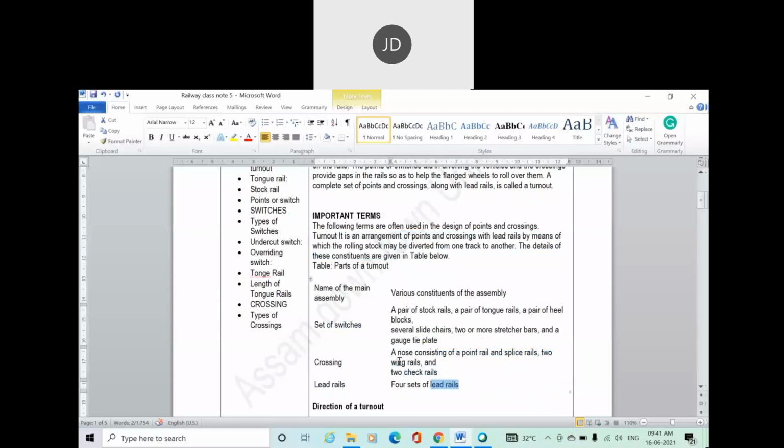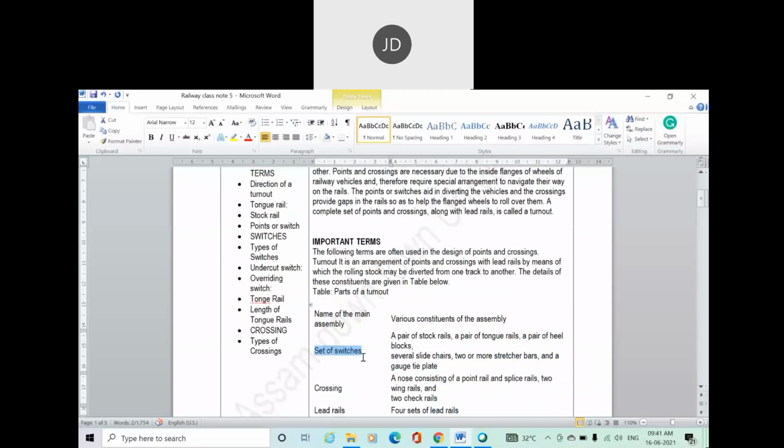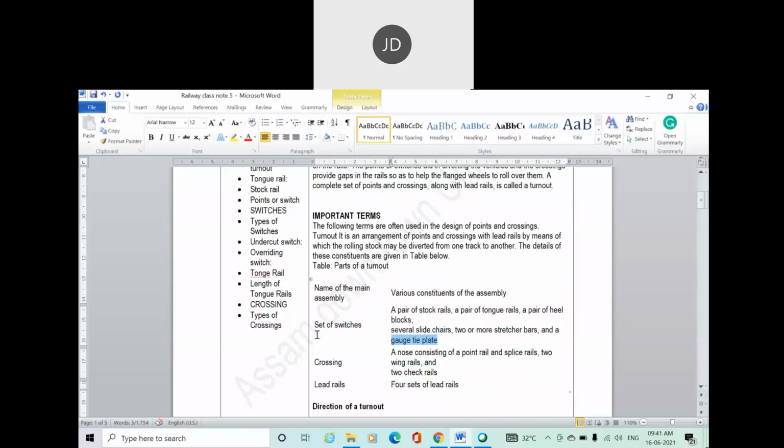Then sets of switches or sets of points, several slide chairs, a stretcher bar, and its importance, and a tie plate. All these are components of a switch or point.